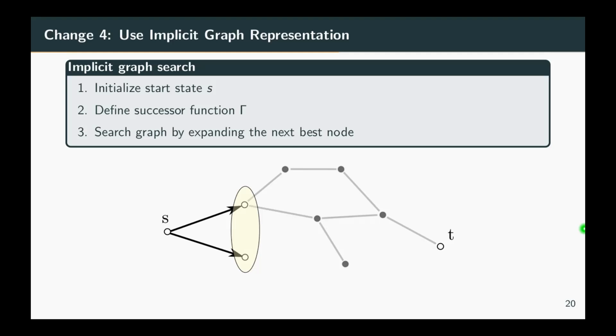Just to remind you, you start your graph with your start state S, then you have a successor function that tells you for a given state what the potential successors are, and then you expand your graph, adding nodes and edges, based on that successor function.